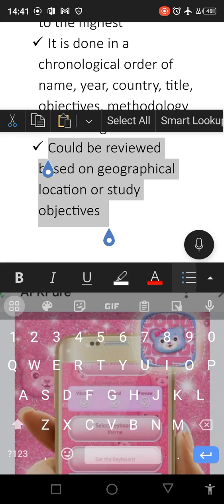Even though this is the most beautiful and interesting way to review an existing literature, or let me just say, to do your empirical review, it is time consuming.